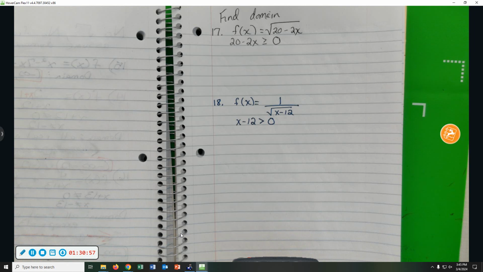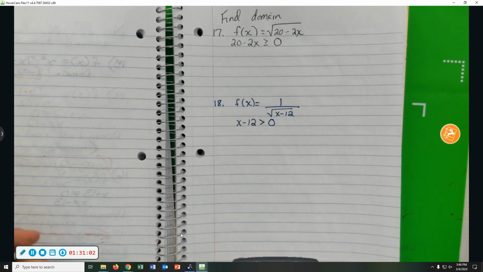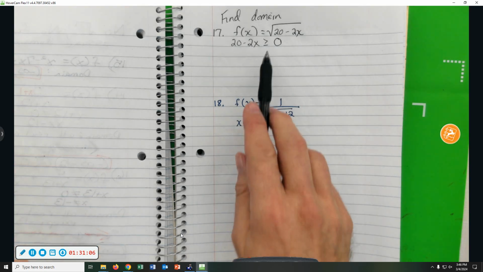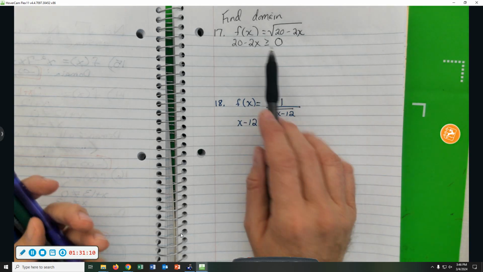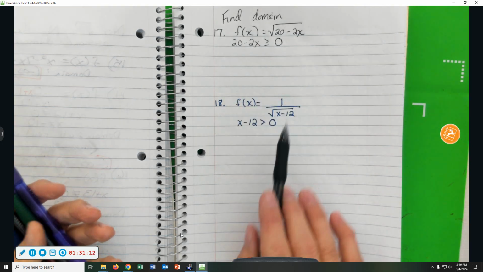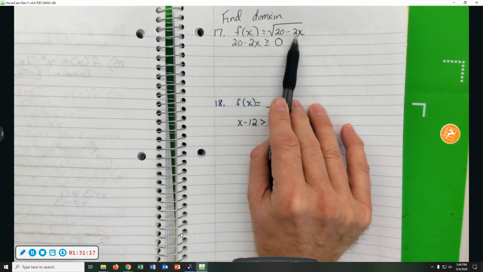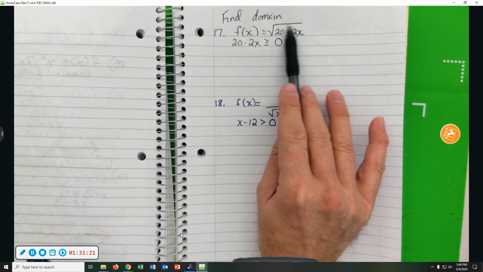So if you're finding the domain of a square root function, what's the name of the process we use to solve inequalities? Cut points. So we're going to have to do cut points on both of these. But is it clear you put the equal sign when there's not a fraction? Because it's certainly fine to have a 0 under a square root.